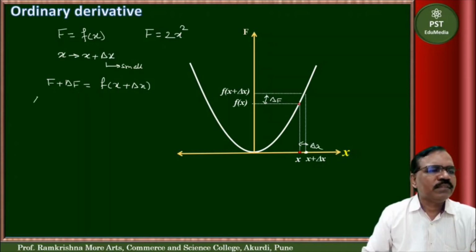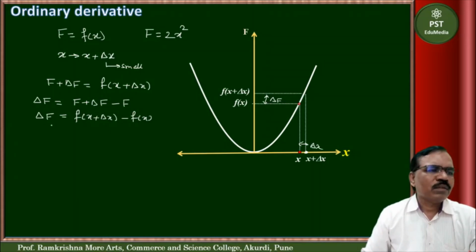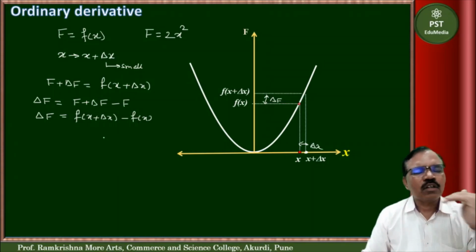So what is the change in function? Delta f is equal to f plus delta f minus f. Now here, f of x plus delta x minus f of x. This is delta f, the change in function. Now this change in function may be positive, may be negative, or may be zero, depending on the nature of the function.